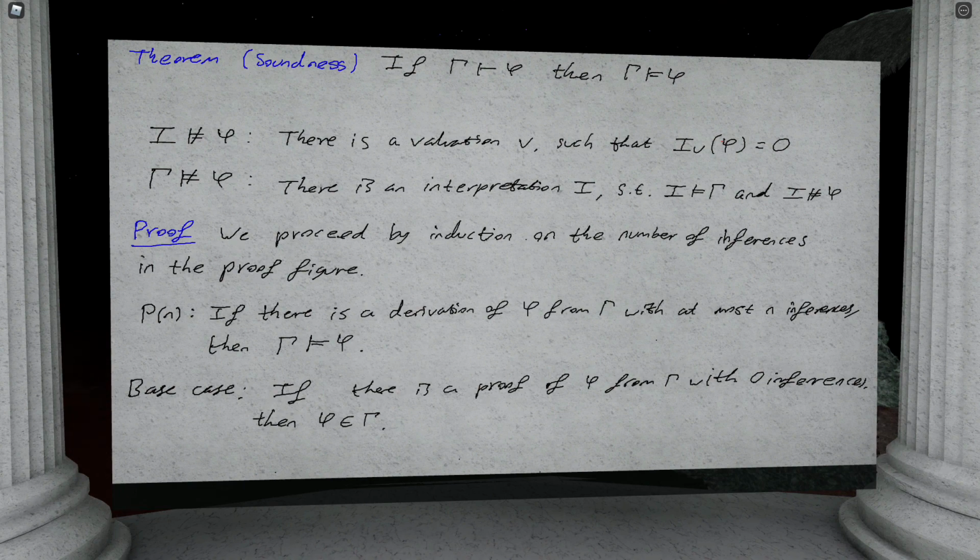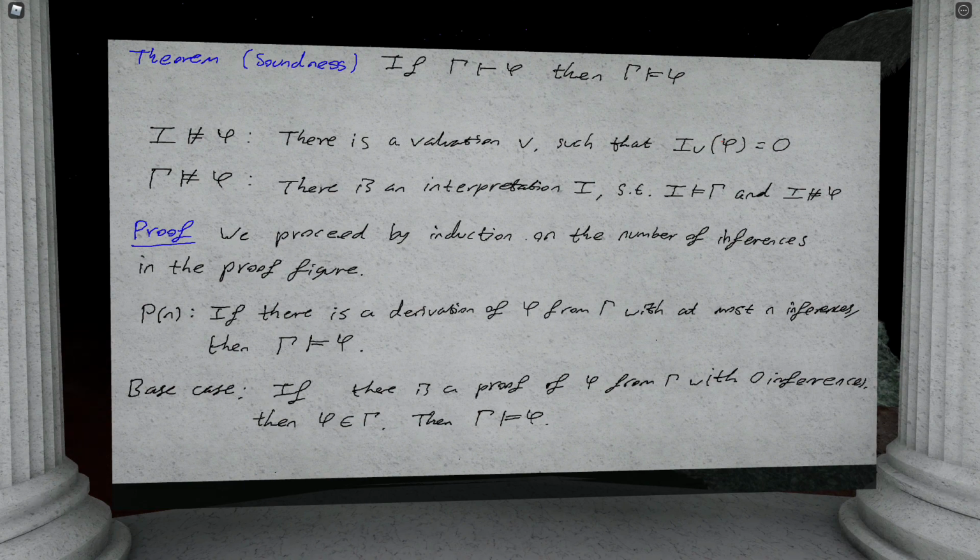Then it's plain to see that gamma entails phi, because this is a statement that if you have an interpretation that makes all of the formulas in gamma true, then it also makes phi true. And phi is in gamma, so that's tautologically true. So that's the base case.